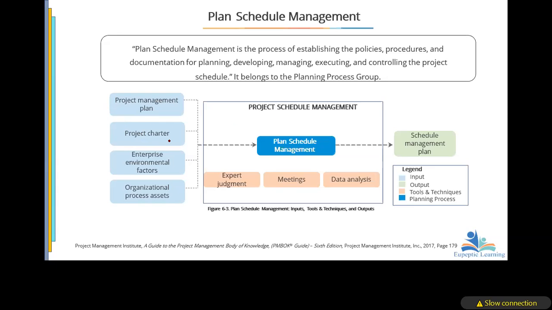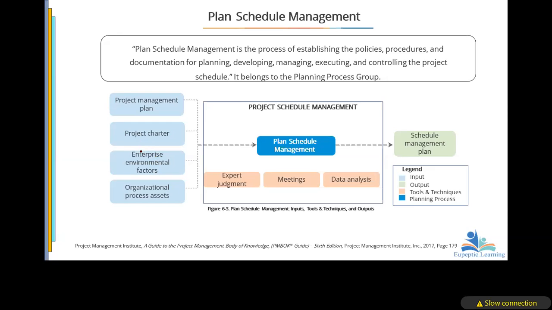The project charter will tell the duration of the project. This project is starting at this time, and it will take this number of weeks or months. So it is important to look at the project charter.